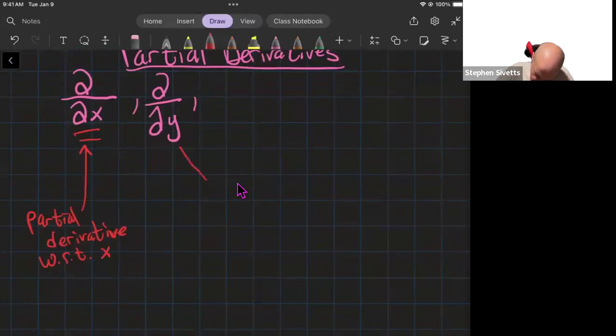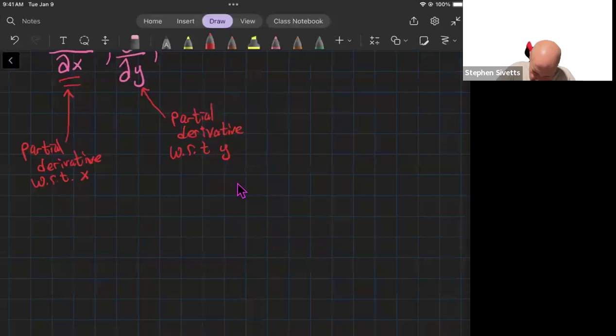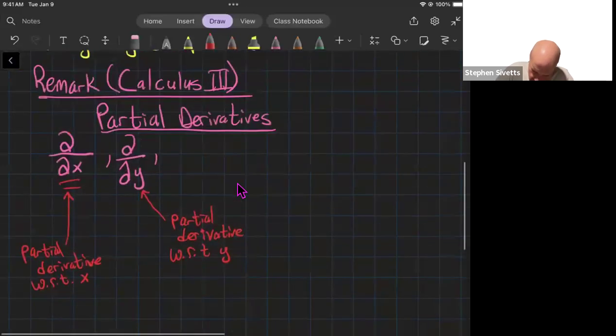And this right here is the partial derivative with respect to y, okay, with respect to y.